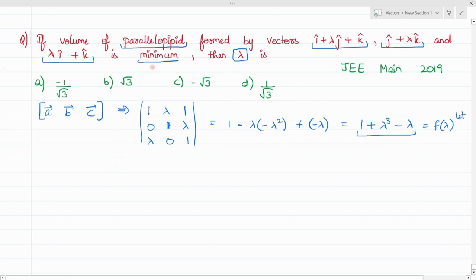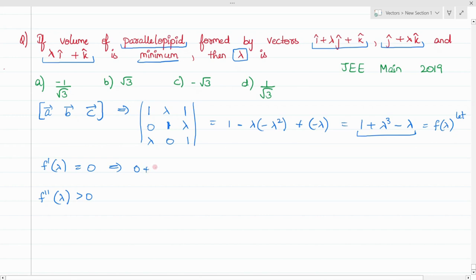So it is told that the volume is minimum. The function becomes minimum when its derivative is equal to 0 and the double derivative is greater than 0. So let's check that. Differentiate it.